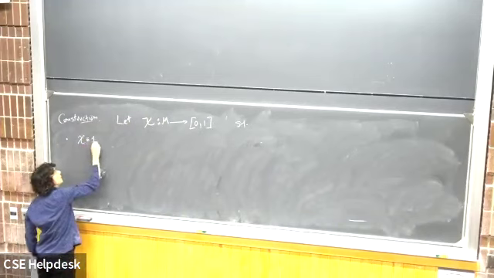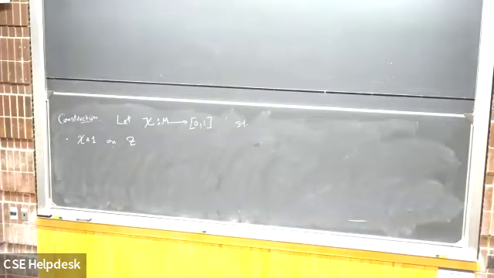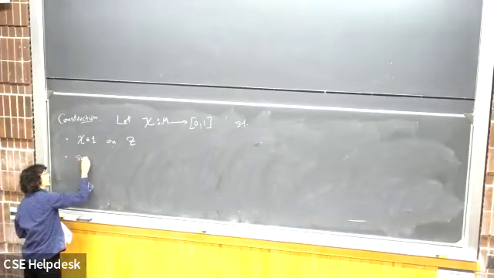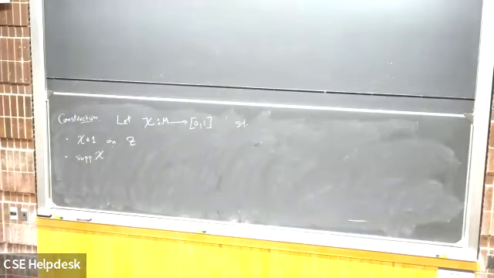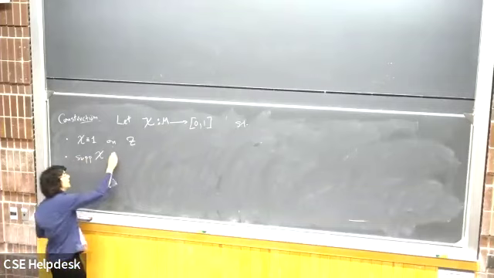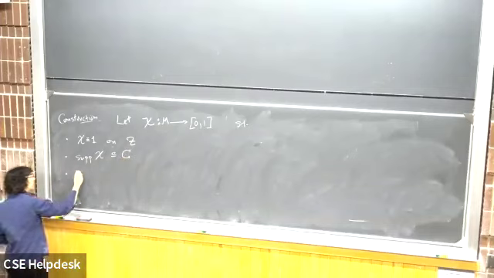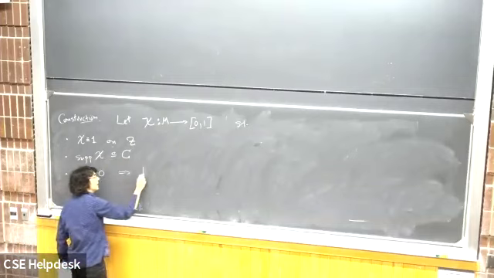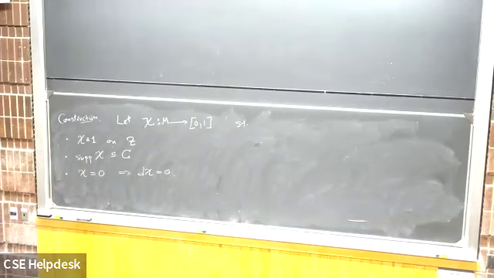It has to be 1 on the set that we're excising, because there we don't want to touch anything, we want to keep excising it. And the support, namely the closure in M of the set of points where it's non-zero, is contained in this closed neighborhood C. And here's a cheap one: at each point, if chi vanishes, then so does d chi. You just take your chi and square it, very good.